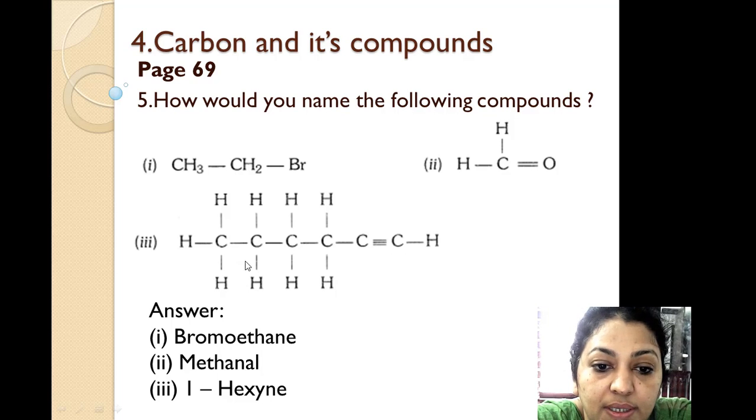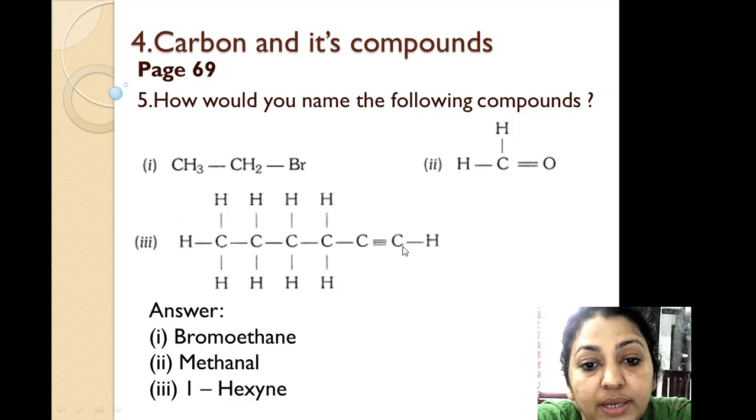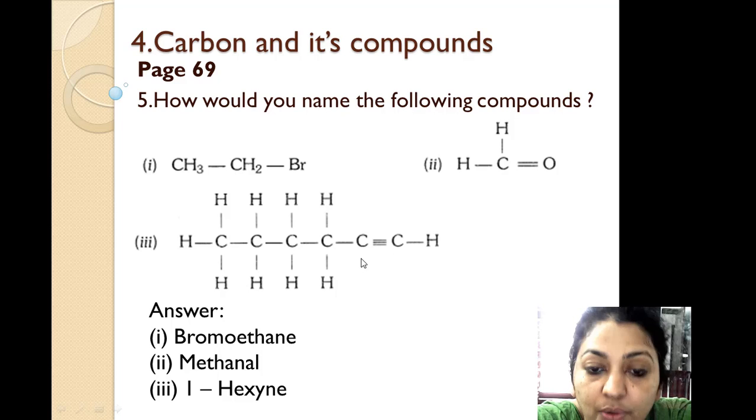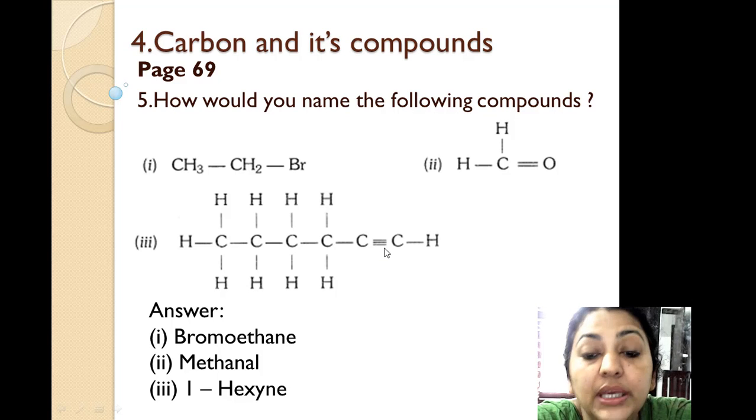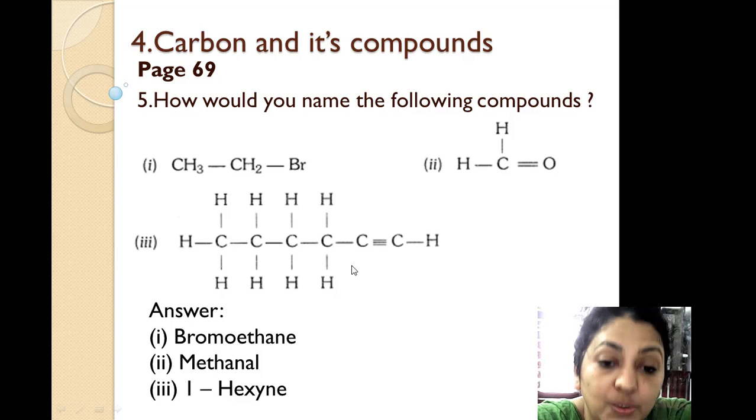What is this? This is an alkyne, right? Where the triple bond is attached on the first carbon. I told you you can count from any side. So, when a double bond or triple bond comes, you have to give preference to that one, and we will start counting from that side.